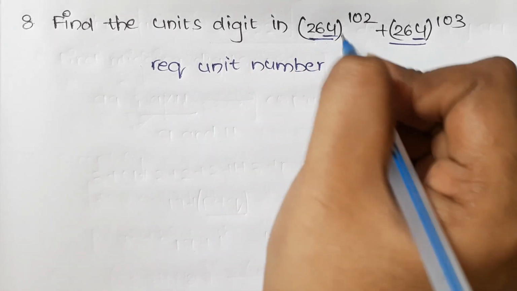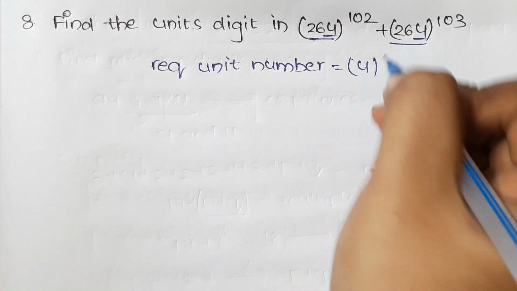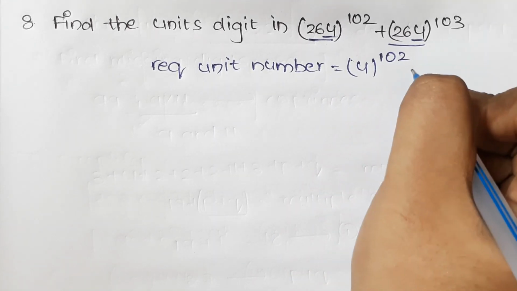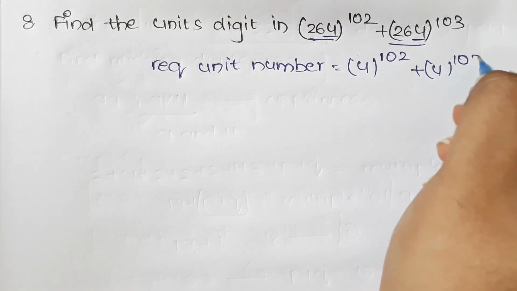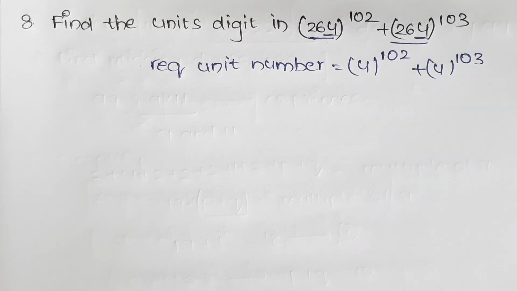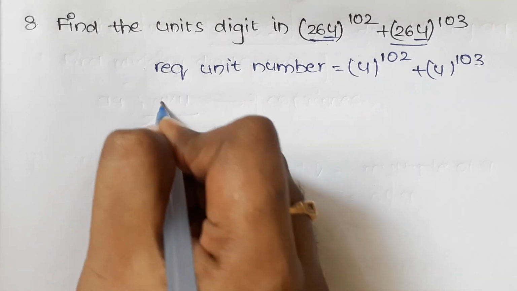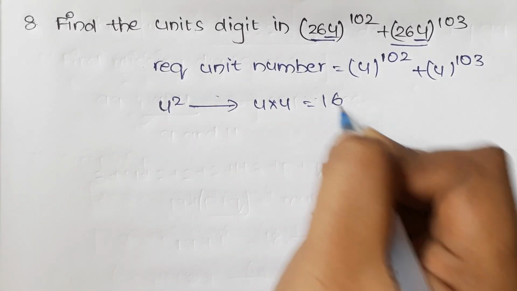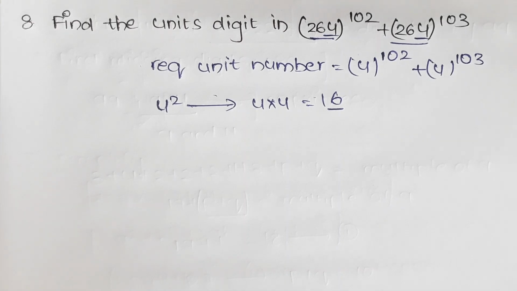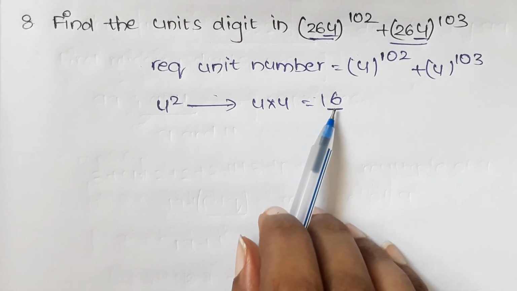no need of these two digits. The required unit number is 4 power 102 plus 4 power 103. Now here 4 square gives unit digit as 6. 4 square will give 4 into 4, that is 16. That is, unit digit is 6.